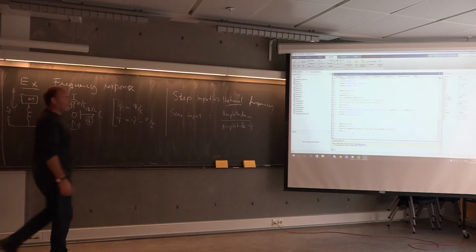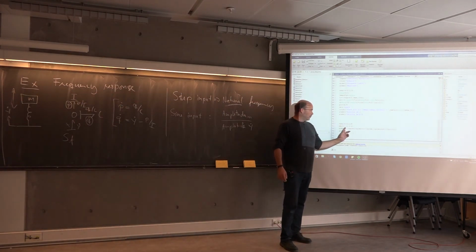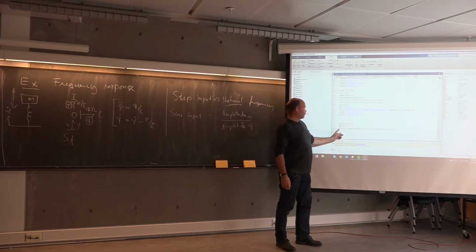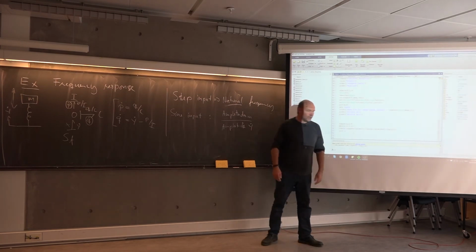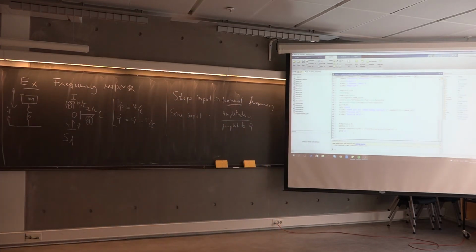So you have an option here to give it the input of your equation, how it looks, and then you just write bode, finished. Then it will provide you with the solution and print it out on the screen.